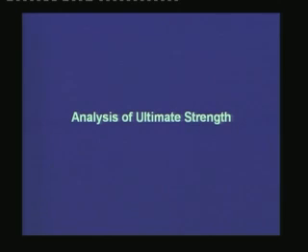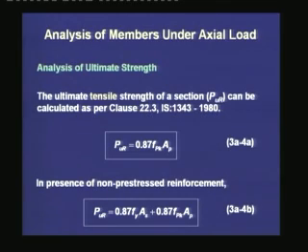Next, we are moving on to the analysis of ultimate strength. The ultimate tensile strength of a section, which is denoted as PUR, that means the ultimate load of resistance, can be calculated as per clause 22.3 of IS 1343/1980. The ultimate load in absence of any non-prestressed reinforcement is given as 0.87 times the characteristic strength FPK times the area of the prestressing tendon AP.